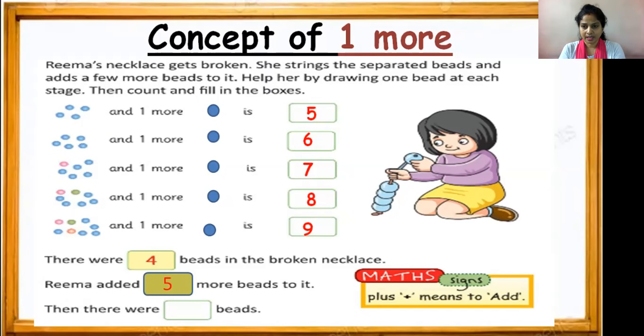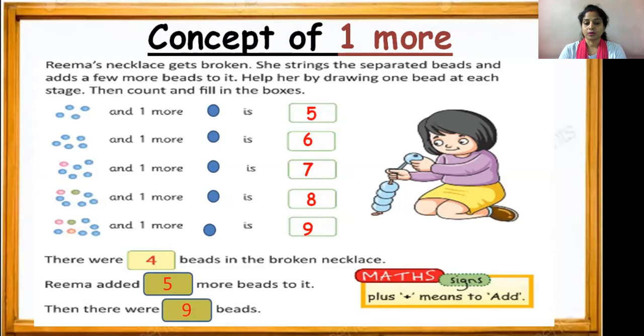Now, then there were how many beads in total? Look at the last box. How many total beads she has now? 9. It means what we are doing? We are doing addition of 1 again and again.